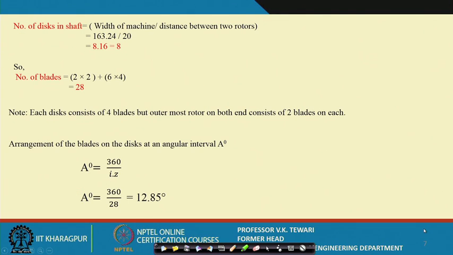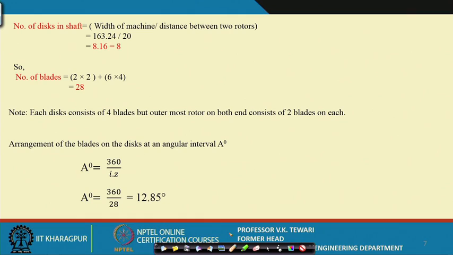Next, we would like to find out the number of discs, and the width of the machine is known to us here. We have to assume certain things, such as how much spacing you would like to give between the discs on which the blades are fitted onto the rotor. This also has a consideration with regard to the total length of the blade.